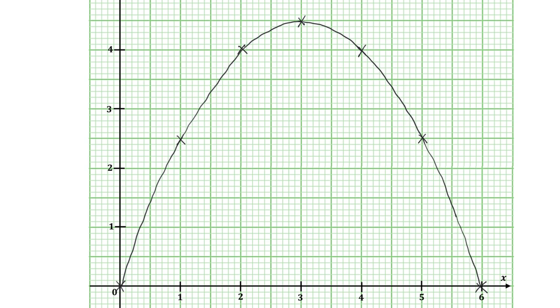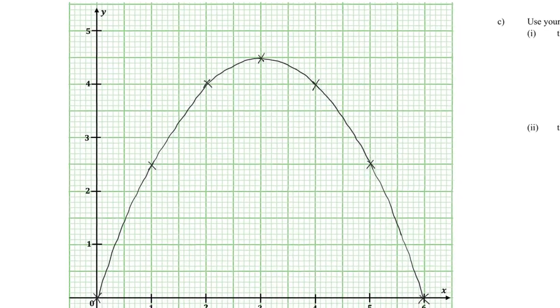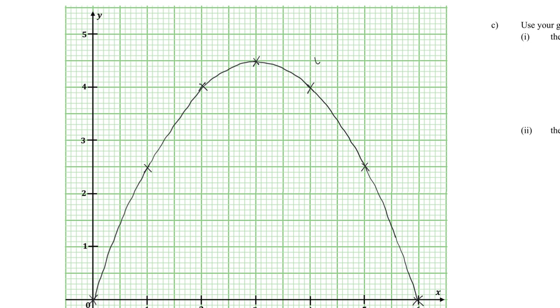As such, do remember to write out the equation of this graph near the graph. In this case, y equals negative half x squared plus 3x. Alright?